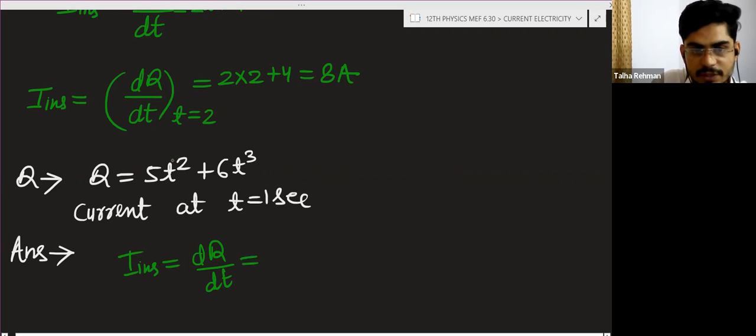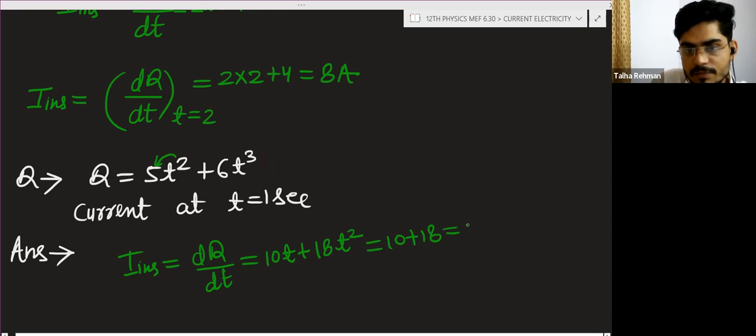So we will differentiate this. Multiply this 2 with this. This will be 5 times 2, 10, and this will become t. And after that plus sign, you will multiply 3 with 6. This will be 18 and t square. Now put here t is equal to 1. We will get the answer 10 plus 18. This will become 28 ampere.